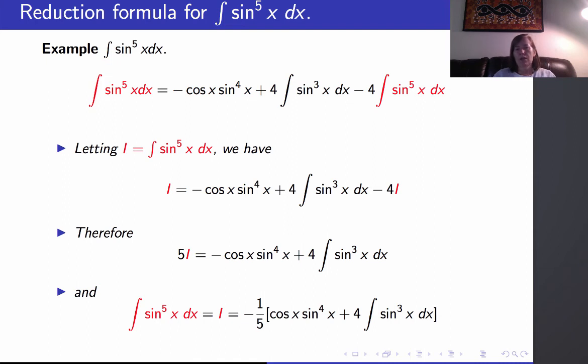And using exactly the same methods, you can reduce the calculation of the integral of sine cubed to an expression involving the integral of sine, and you can always reduce this power of the sine by 2 using integration by parts. So this is called the reduction formula for the integral of sine to the n, because it means that you can simplify the integral, you can reduce the power by 2, and you can continue doing that and solve your integral in several steps.